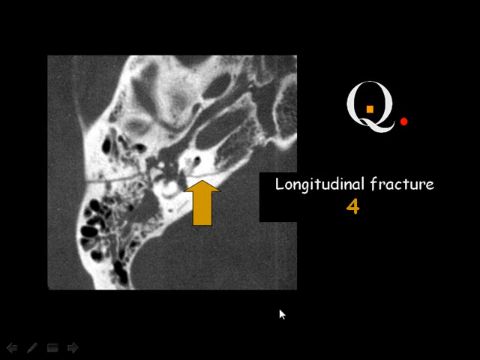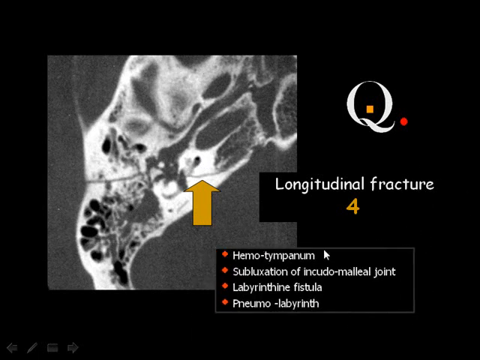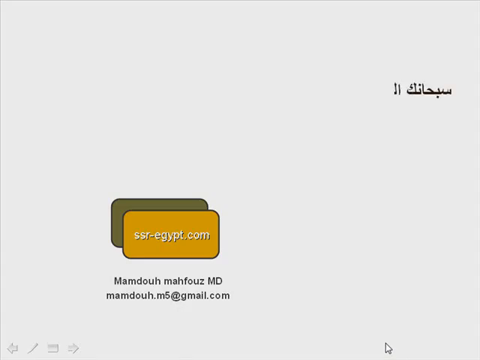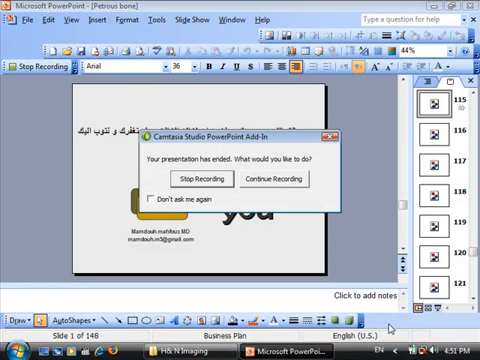And the fourth one? What is this? Air in the cochlea. Yes, this is the dome of the cochlea containing air, and this is pneumolabyrinth. Then you have hemotympanum, subluxation of the incudomalleolar joint, labyrinthine fistula, and pneumolabyrinth. And thank you very much.